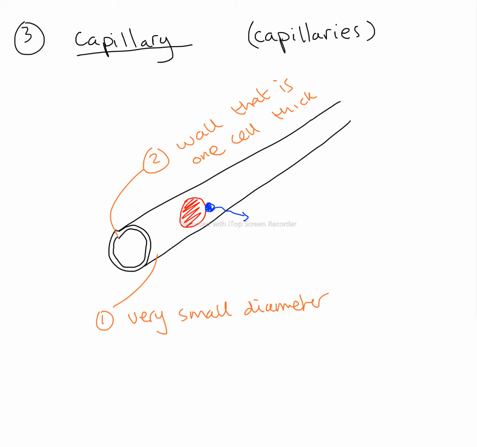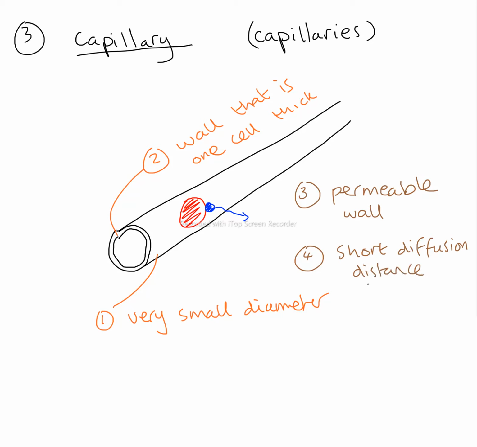So let's get this right. Number 3, because it's got a thin wall and it's permeable, it has a short diffusion distance.